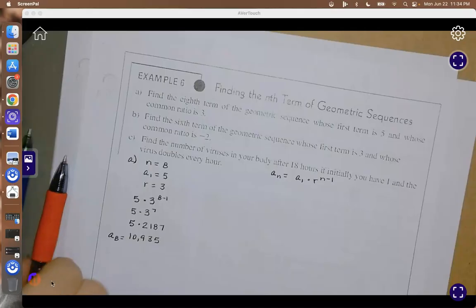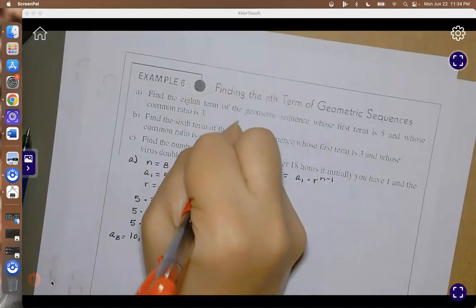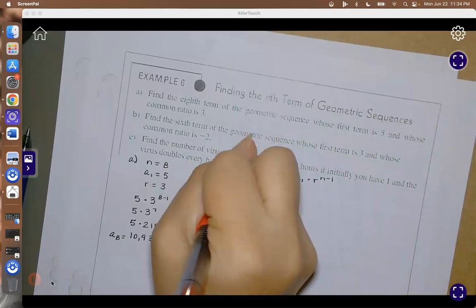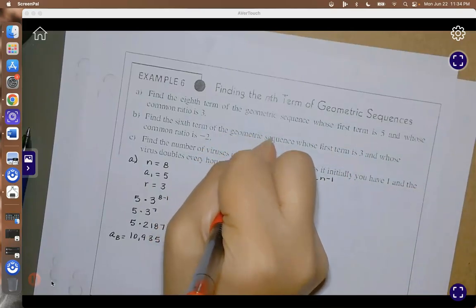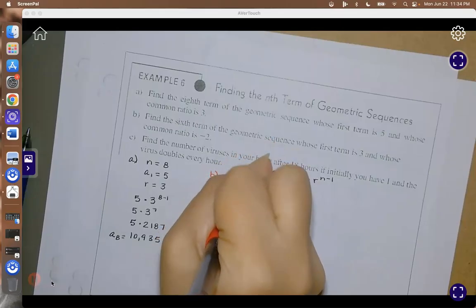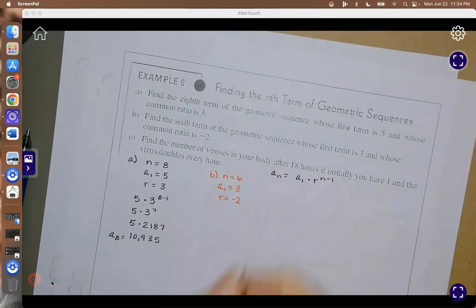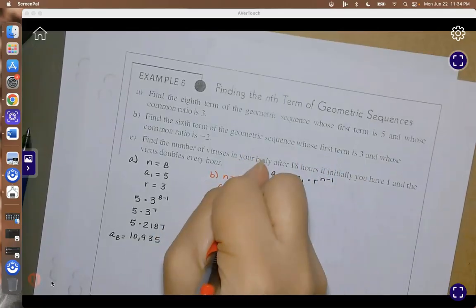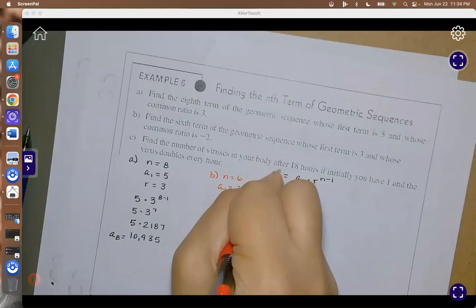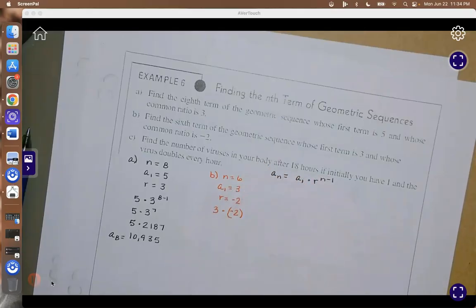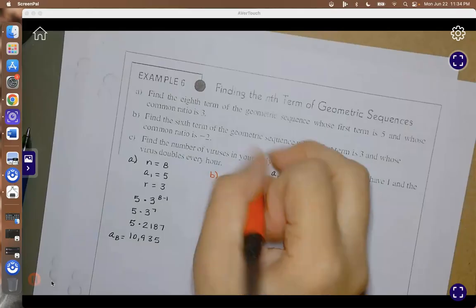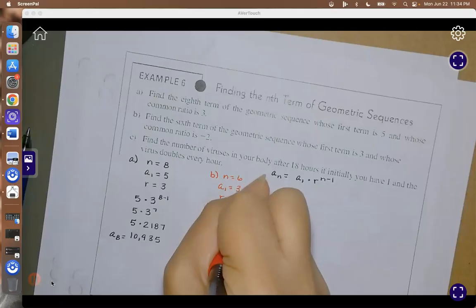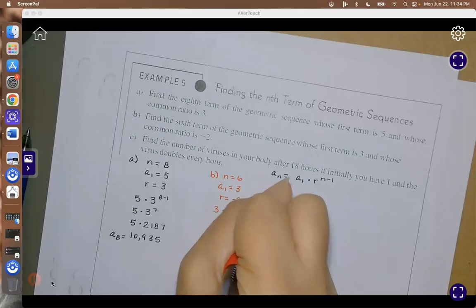Okay. B. This time you're finding the 6th term, whose first term is 3, and the common ratio is negative 2. So again, we do 3, because that's the first term, times negative 2. Be careful here because that negative 2 is going to be in parentheses, okay? And then you're going to do 6 minus 1. So this is 3 times negative 2 to the 5th power.